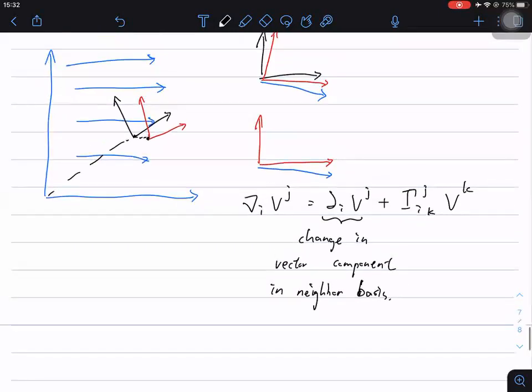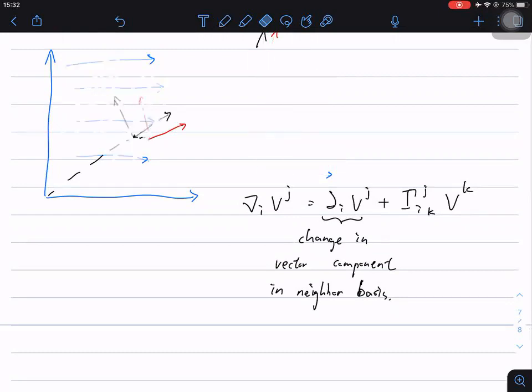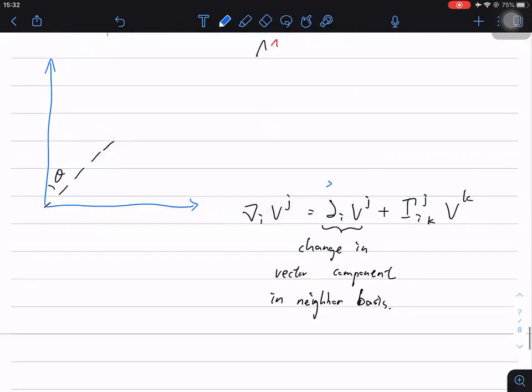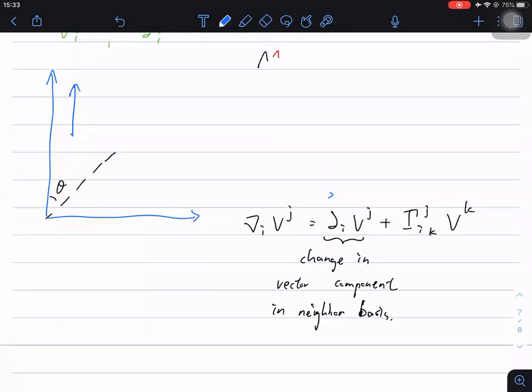Okay, maybe I can draw a better graph. This graph is a little bit messy. Okay, again, let us first consider a constant vector field where it points in the z direction.